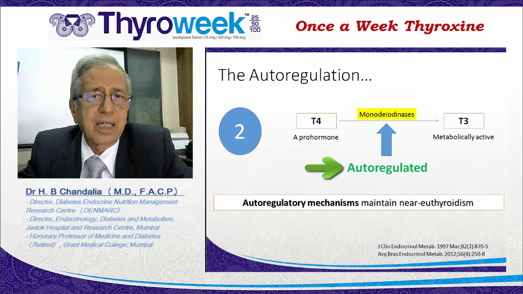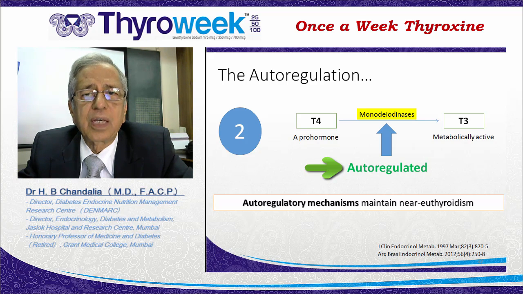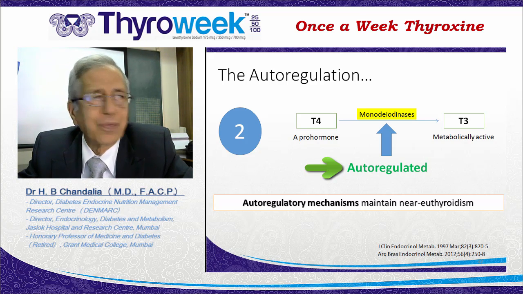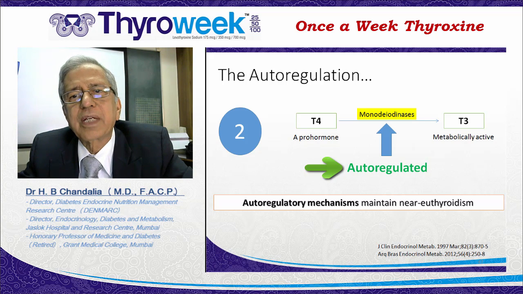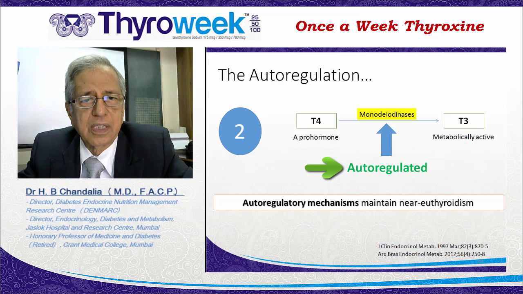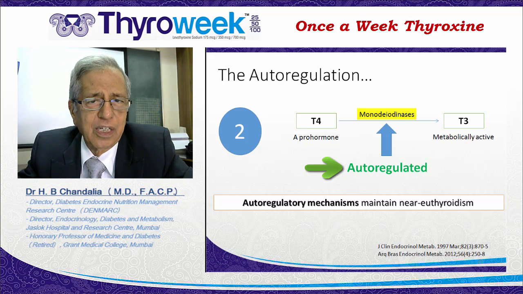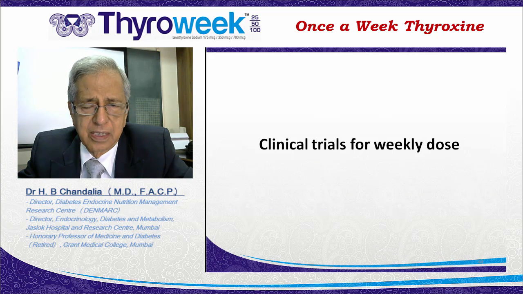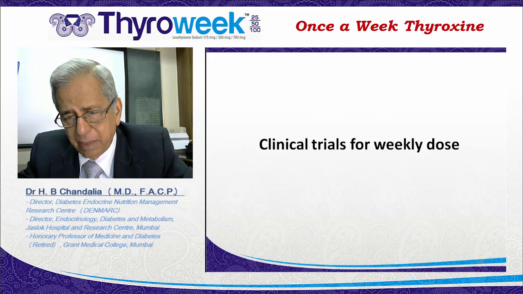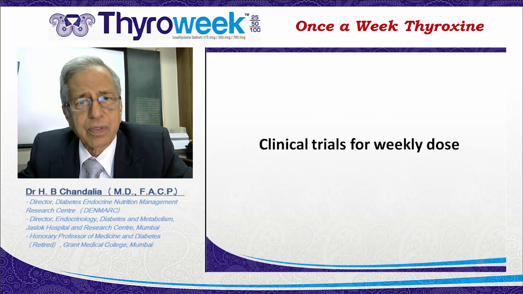As a matter of fact, in this regard, T4 can even be considered a pro-hormone, and T3 can be considered the real hormone. So as this is auto-regulated and as the half-life is long, it is quite logical that administering large doses at a time also will not cause any physiological problem.